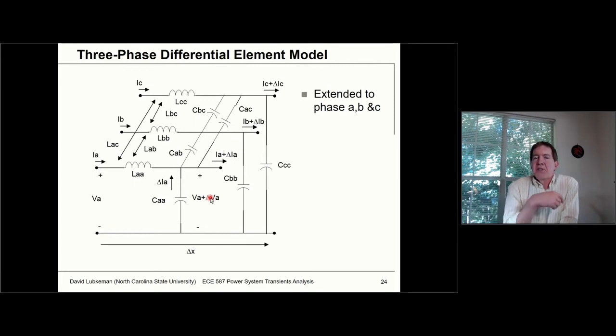So these are the same inductance and capacitance terms that we would calculate for lumped lines, the same ones we were calculating in the last lecture, except now they're applicable to three-phase distributed parameter modeling. These would be per unit length, like inductance per meter, per kilometer, per mile, whatever, for this particular model.